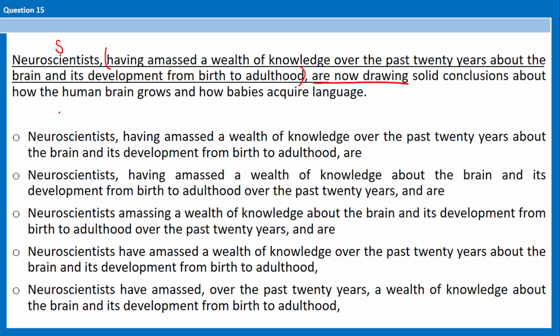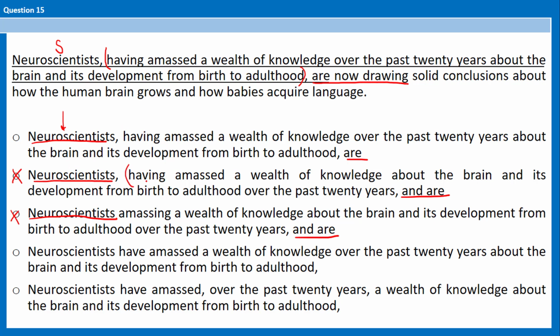Then look at the differences here. Neuroscientists are versus neuroscientists and are. Number 3, neuroscientists amassing and are. Okay, be careful because 2 and 3 have a subject but they don't have a main verb.